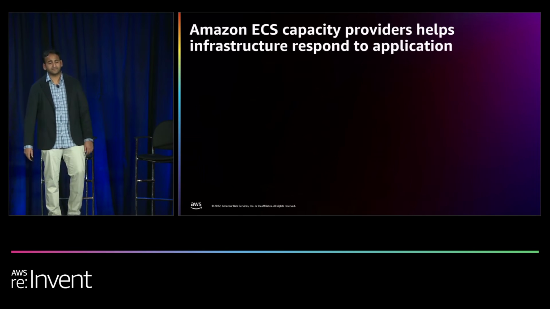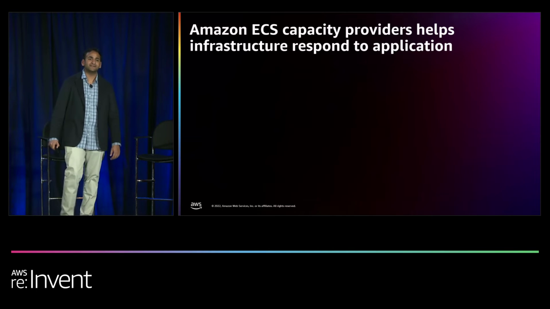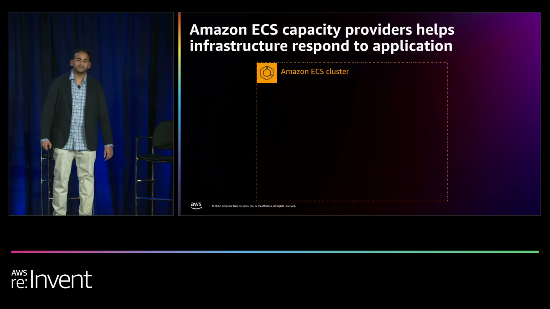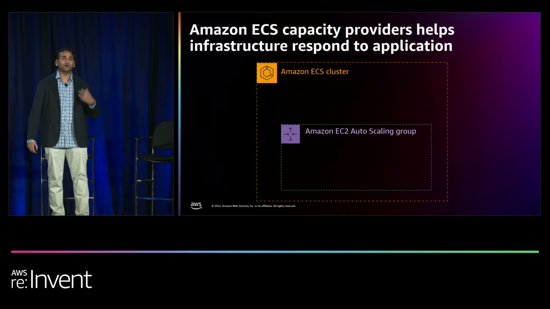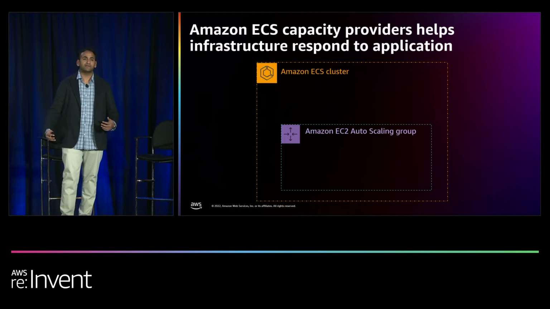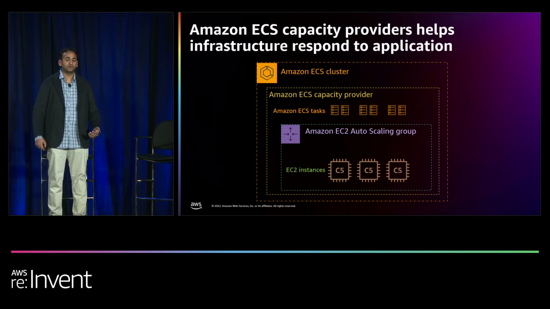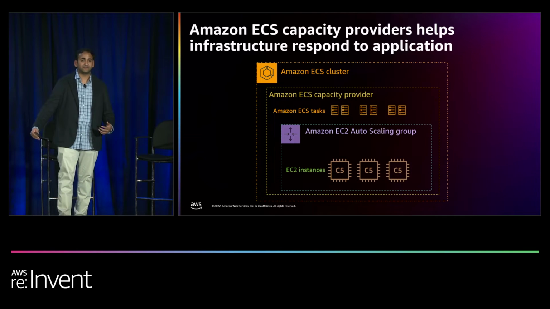To simplify this, in 2019, ECS introduced the notion of what we call capacity providers. When you use capacity providers, ECS automatically looks at not just what your application needs right now, but what is the amount of compute that might be required in the next few minutes.